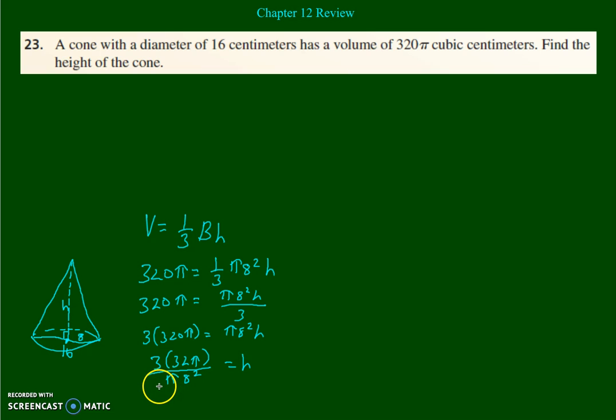And here we can see that the pi's are going to cancel out. And let's just rewrite here. We have 3 times 320 over 8 squared equals h. And that should give us our height. And that gives us a height of 15 centimeters. All right. Let's go ahead and move on to problem 24.